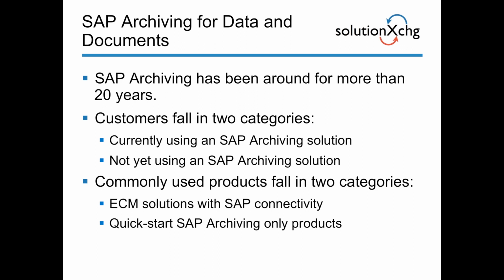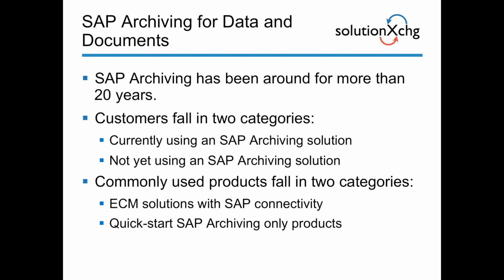Those who do use the product usually have products that fall into two different categories. There are the traditional ECM solutions out there that offer a broad range of functionality, mostly standalone functionality, to become an enterprise content management repository and enterprise document backbone.